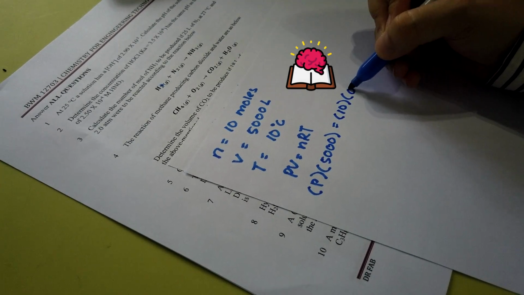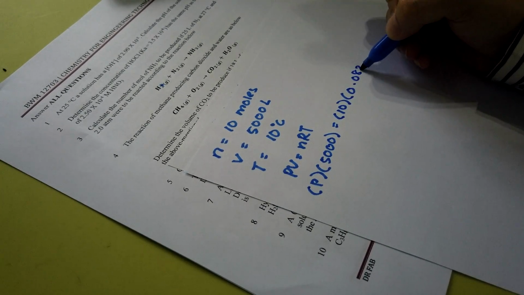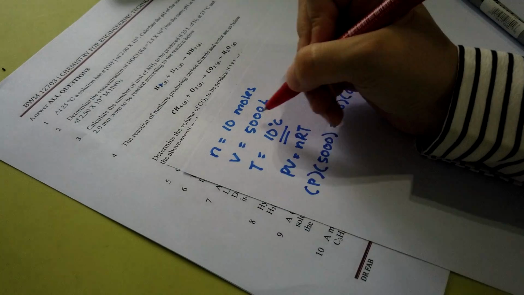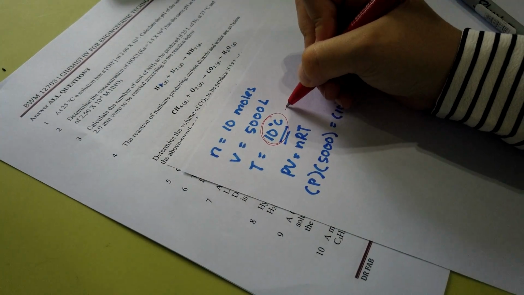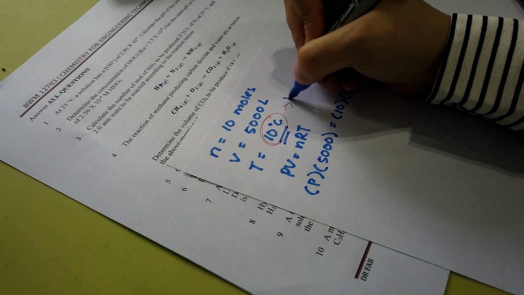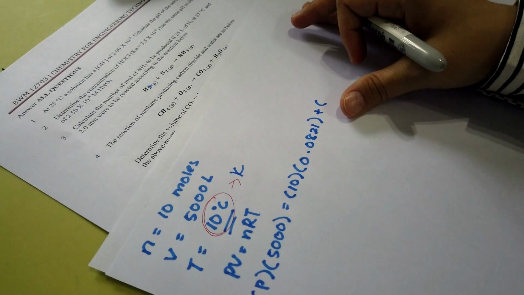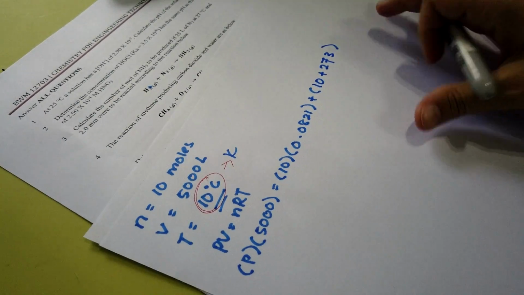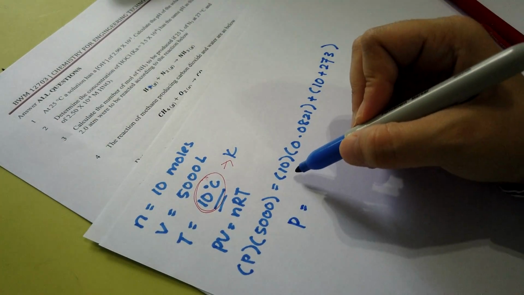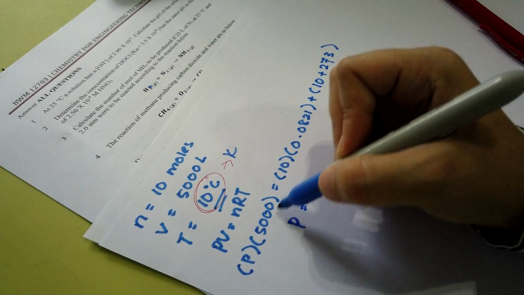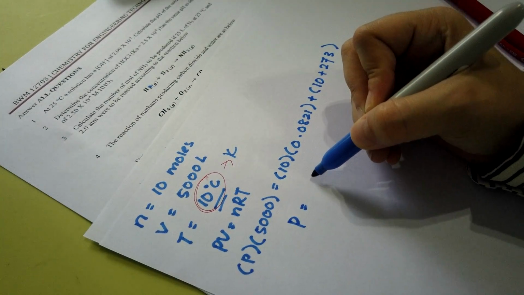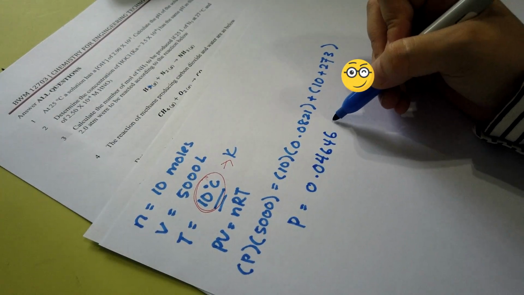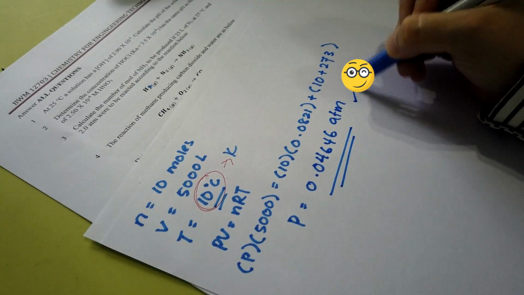R is a constant value, which is 0.0821, and your temperature here given in the question is 10 degrees Celsius, so this one should be converted to Kelvin. So when you calculate, you need to convert it. So 10 plus 273. So your P is this one divided by 5,000. You should get 0.04646 atm. So yep.